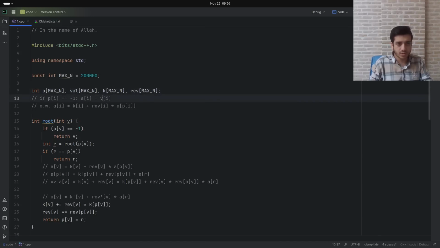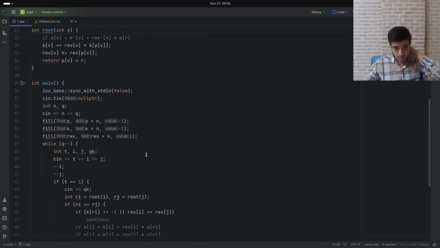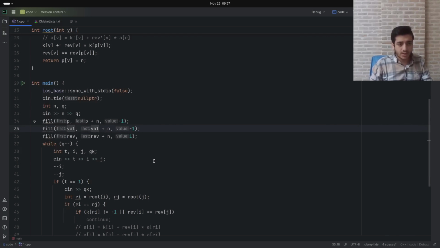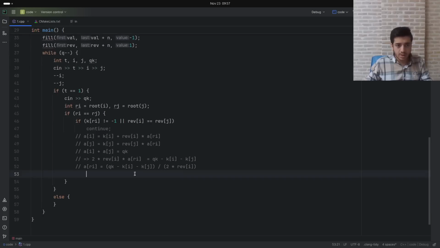I'm not confused. So we first make all values -1 and K. Okay, that's it. And then we know the value of this is going to be exactly this divided by 2 times rev of I. That's it. It seems good. Looks good to me.